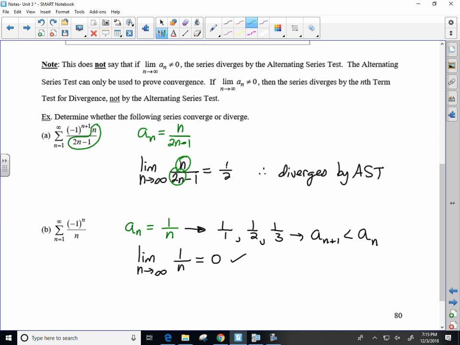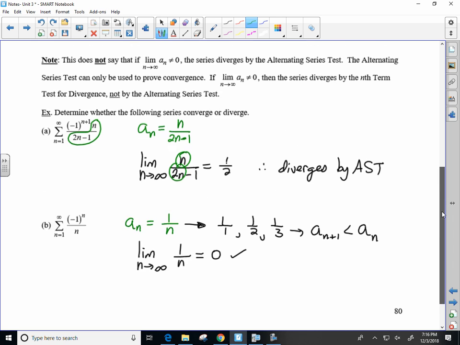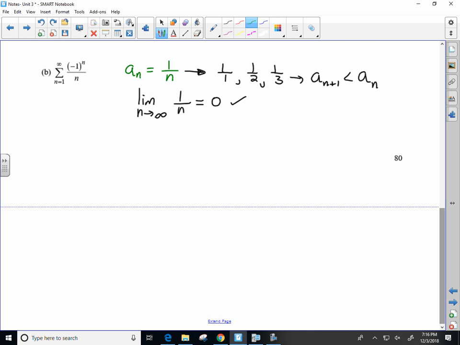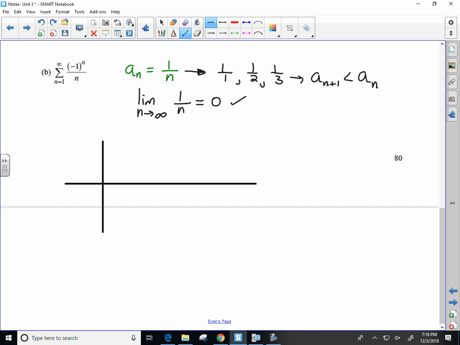Well, that's the thing. I don't know that it would always be true because you could have something that, let's say, oscillates back and forth. I just can't think of a function right now, but I can think of what the graph might look like.